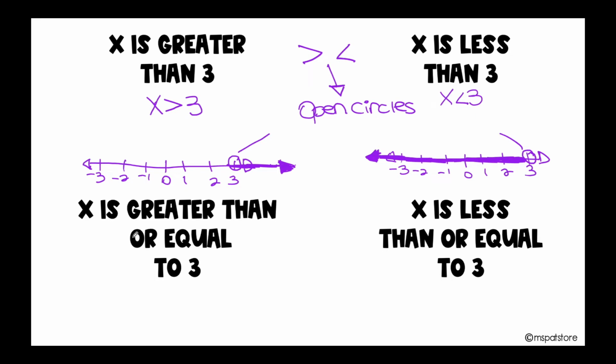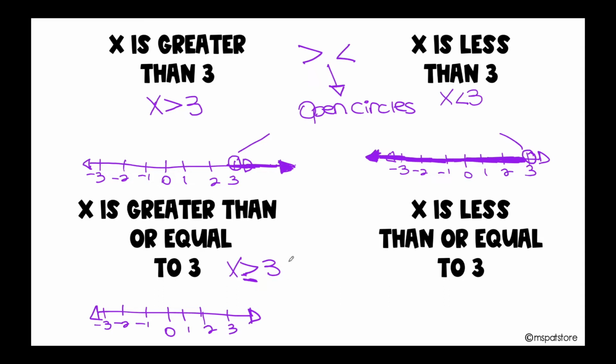So let's take a look at this one. x is greater than or equal, which means that I need to put the little line on the bottom, equal to 3. So now I need to draw my number line. It will be 1, 2, 3, and then negative 1, negative 2, and negative 3.